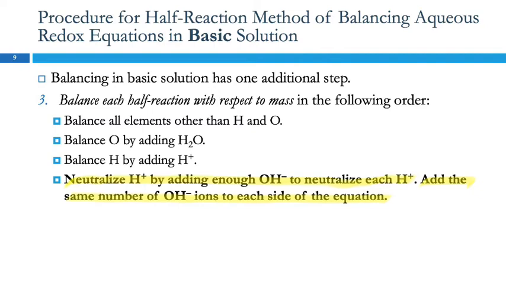We'll get a balanced in acidic solution equation, and then we'll get rid of the hydrogen ions by neutralizing them. Because if I have, say, 2 hydrogen ions and I add 2 hydroxide ions, what do I get? Water. I get 2 water molecules. And so the acid part is gone.